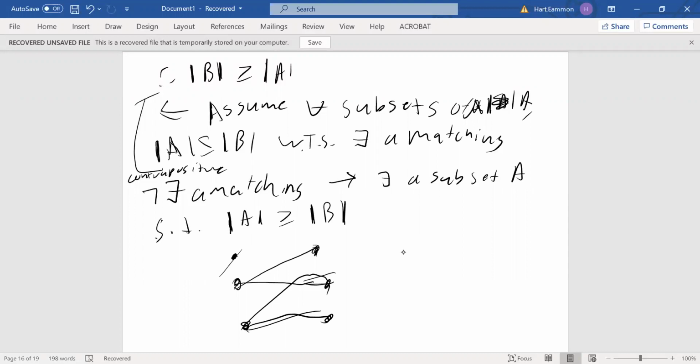It doesn't eliminate anything over here. And this is an example of something that doesn't have a matching.